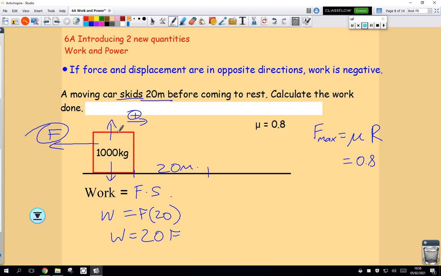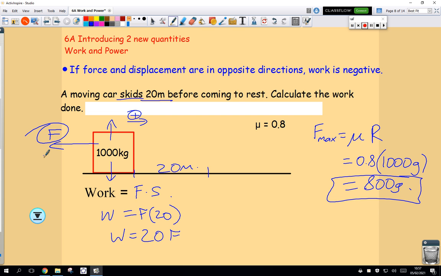The car doesn't sink into the ground or fly up in the air, so it's going to be 0.8 times 1000 g, which is going to be 800 g. Let's just leave it in terms of g like that. So that's my friction force.